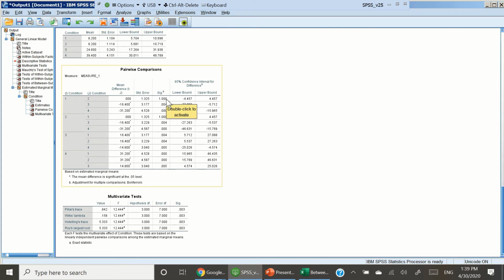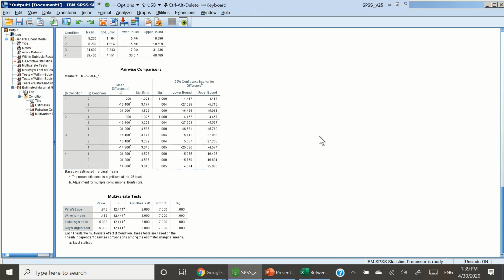So 1 versus 2 is, well, 1, so that means this is not a significant result. And 1 versus 3 is a highly significant result. 1 versus 4, a highly significant result. So it seems like everything is significant except between the first condition and the second condition.